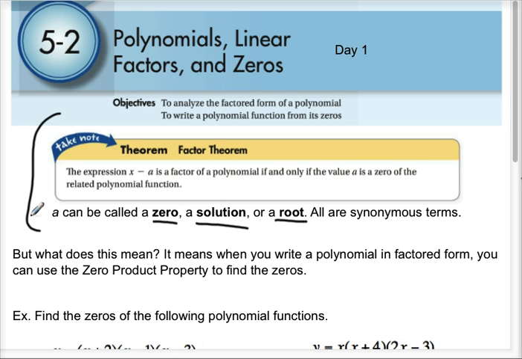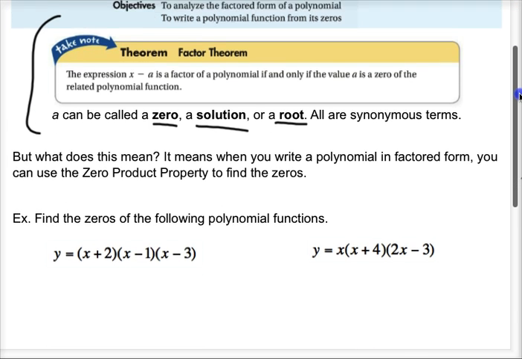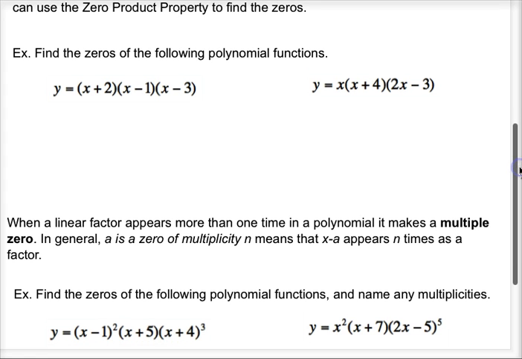Now, this is something you should be familiar with because we've already done this with quadratics. However, what I want you to see is it continues on when you're even talking about higher powered functions. So, zero product property is going to say this piece right here is going to give us a zero of -2.